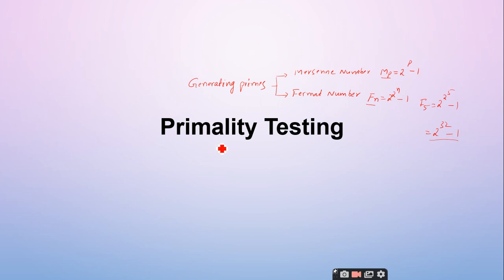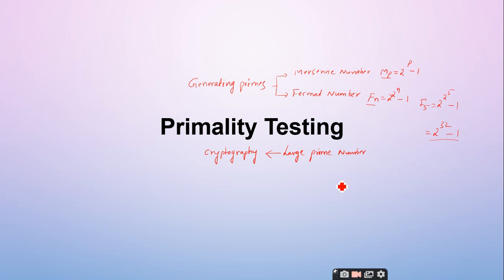But the concept here is, in cryptography we require large prime numbers. We need to generate large prime numbers. So for this reason, they found an algorithm to correctly and efficiently test a very large integer number, right? So this is not the concept of generating the primes.